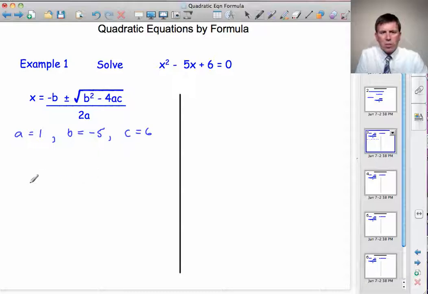And now I'm going to substitute those numbers in this formula. So x will be equal to minus b. Well, if b is minus 5, then minus b will be plus 5.